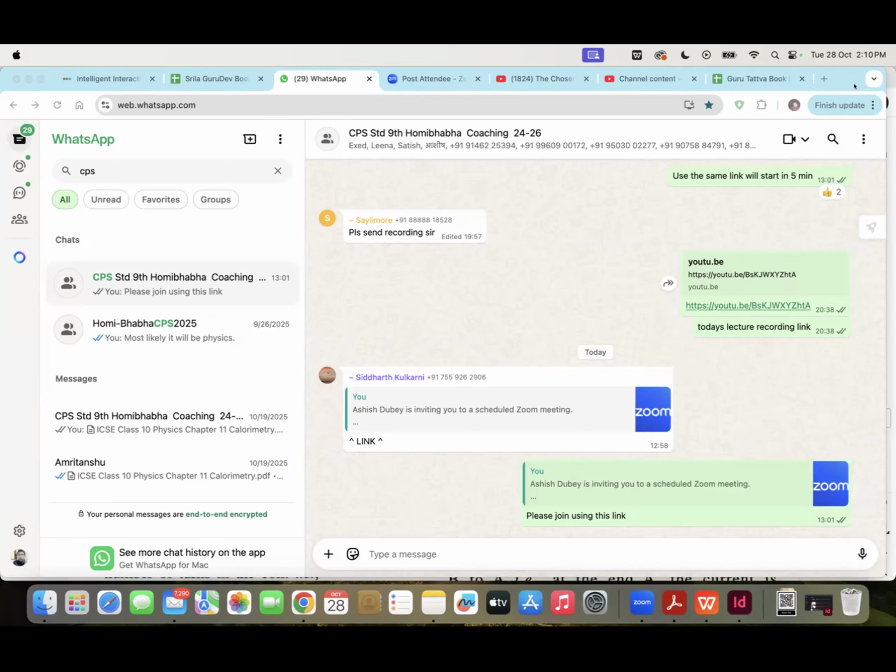Is there any doubt? Best example of denaturation includes what?